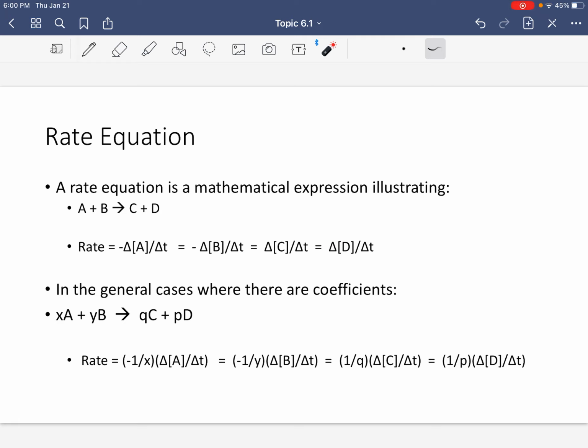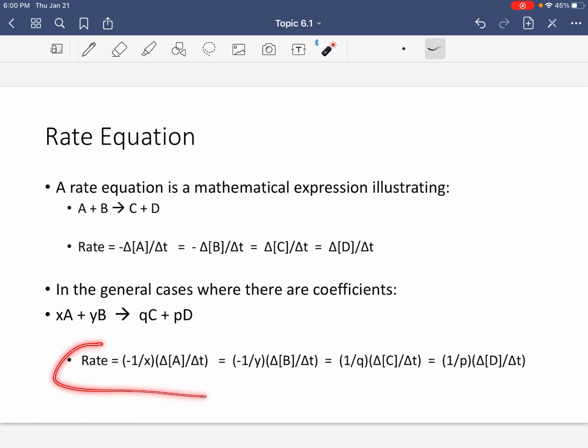Okay, so in general, if this is based, of course, on variables, you can pretty much state your reaction to be any of these. That rate is equal to the negative 1 over x times the concentration, whatever this is, over time.